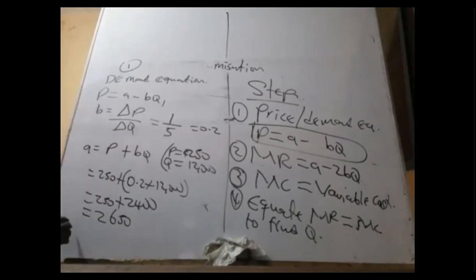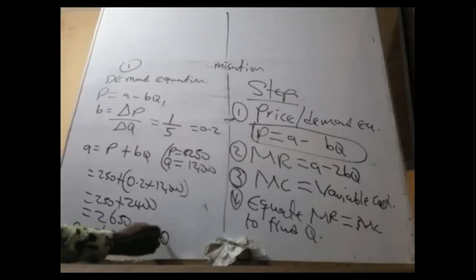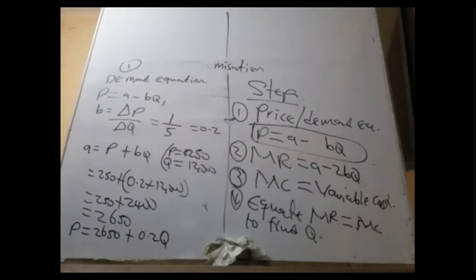So therefore, the price or the demand equation will be price is equal to A, which is 2,650, plus 0.2 Q. That is the price equation. So if this is the price equation, then probably we can still find marginal revenue.